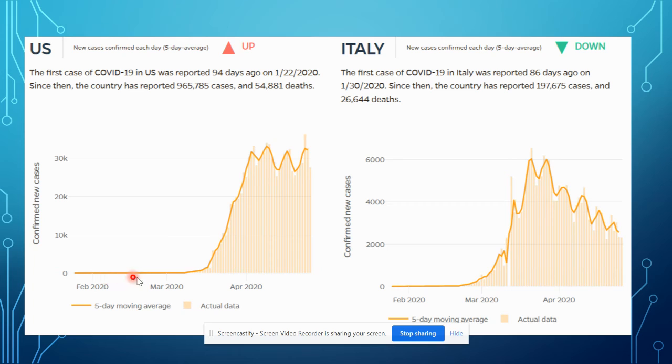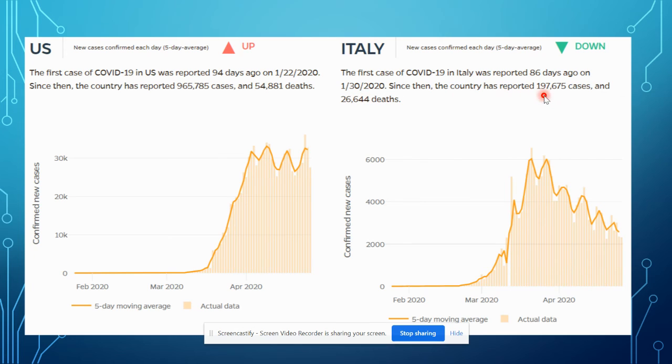So the 5-day moving average of how many new cases is going up and then going up and down and up and down and up and down. If we were to call this a trend line, I know it's up and down, but it's still pretty much the same. In Italy, it says the first case of COVID-19 was reported 86 days ago on January 30th.